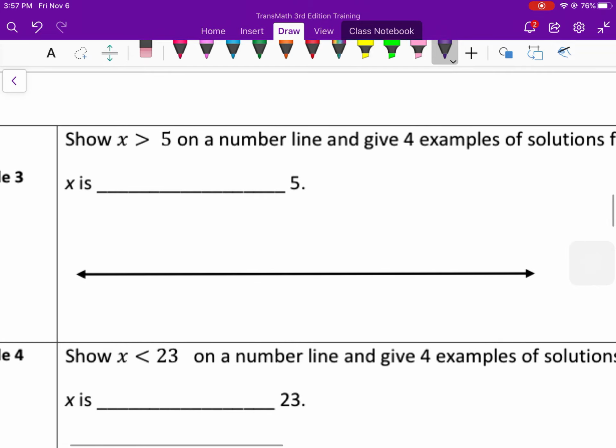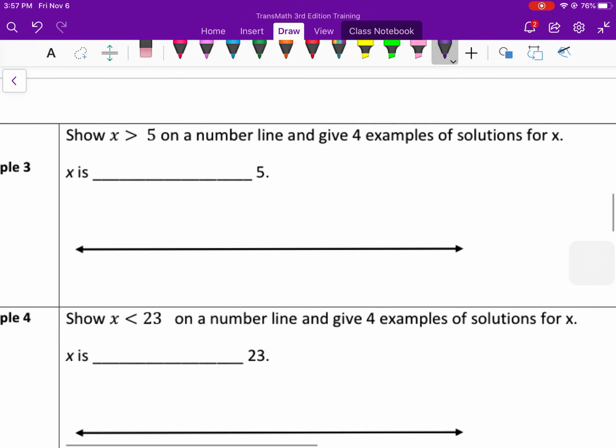So let's practice a few problems with graphing inequalities. Show x is, this symbol here is the symbol for greater than. So show x is greater than 5 on a number line and then give 4 examples of a solution for x.